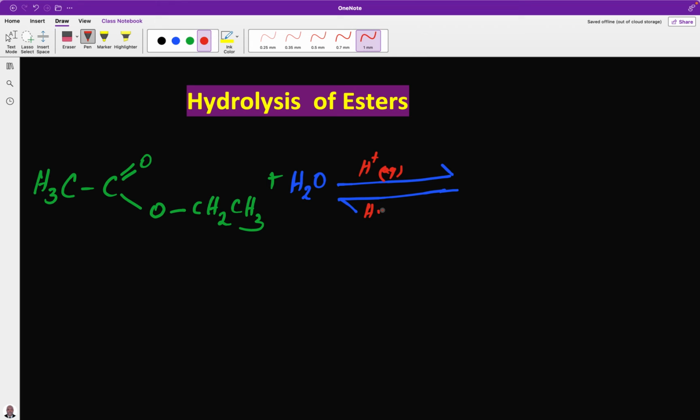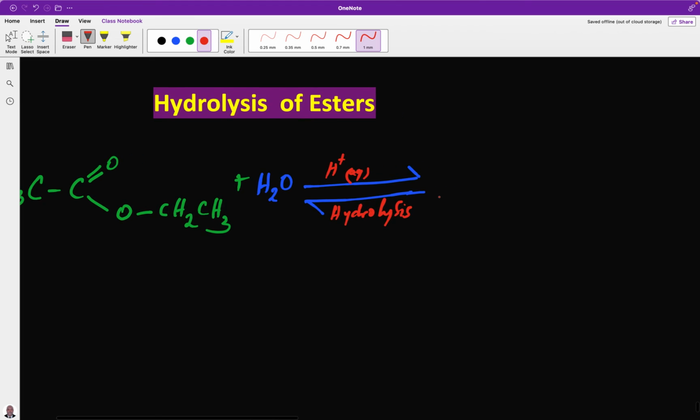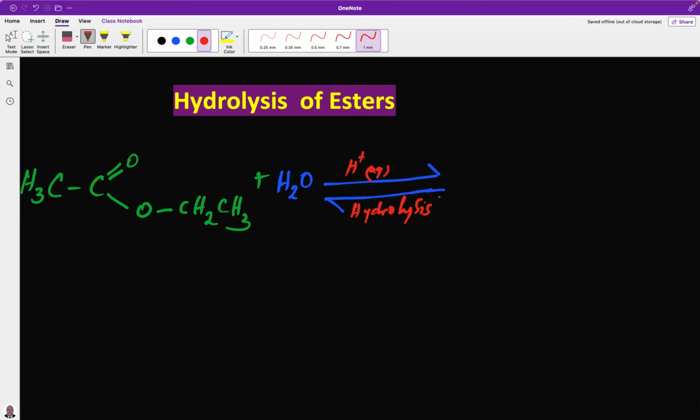The product, if you hydrolyze it using acid hydrolysis, will be ethanoic acid and ethanol. It's a reversible reaction. That is why you see it like that.